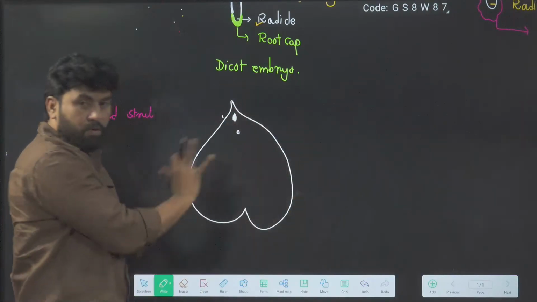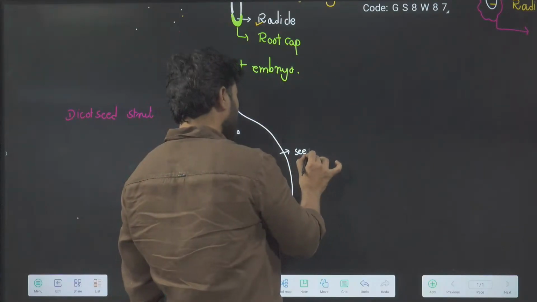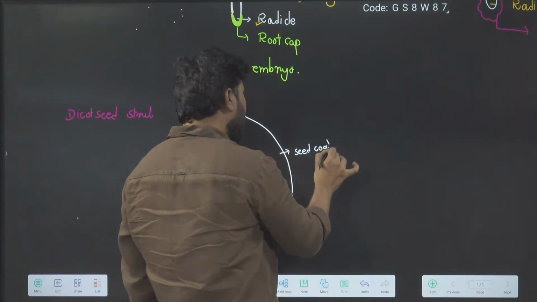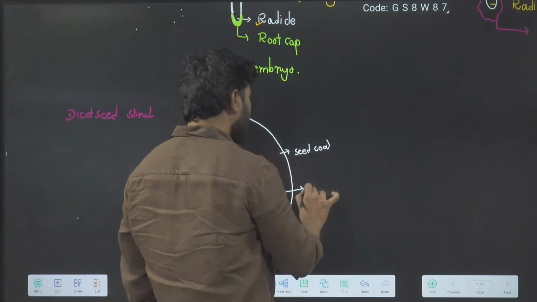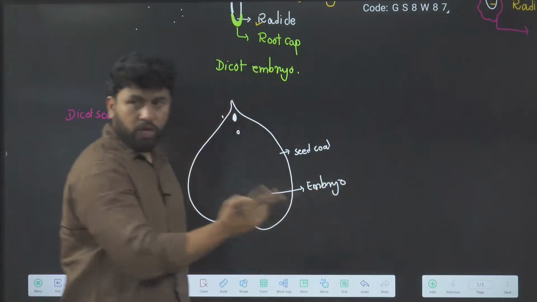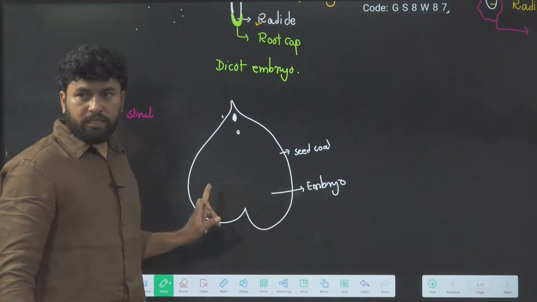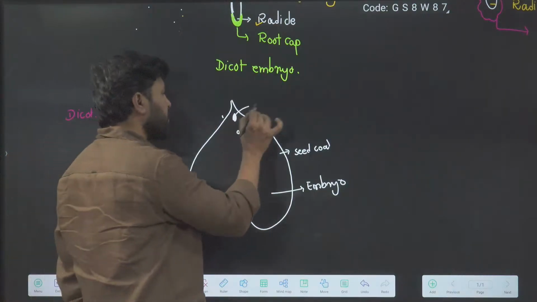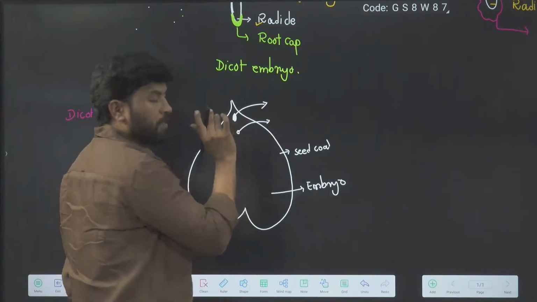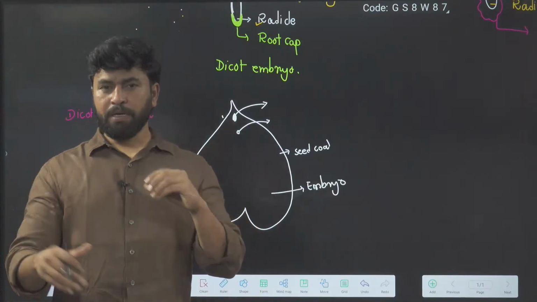This entire body is outside the seed coat, and inside is only the embryo. That's it. The embryo has two cotyledons. This side is one cotyledon, this side another cotyledon. This is called the hilum. This is called the seed pore or the micropyle. That's it.